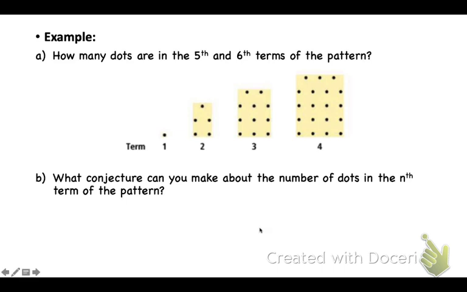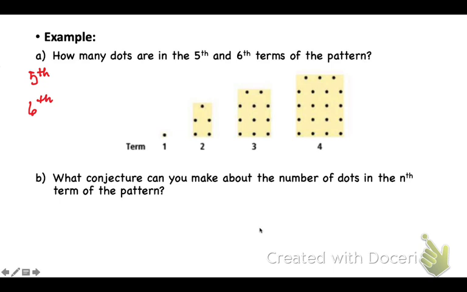Okay, does anyone want to share with us what you've come up with for your 5th and 6th amounts? Sebastian, what'd you come up with for the 5th? You didn't come up with any prediction?